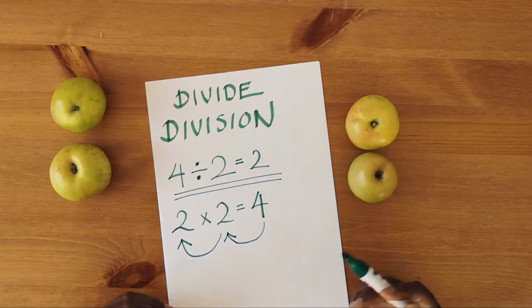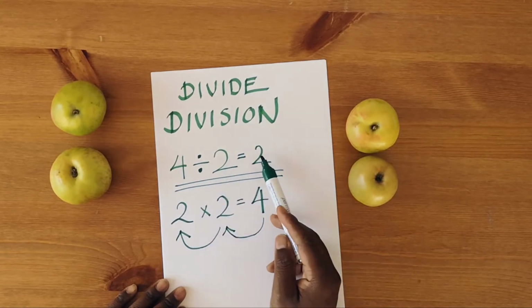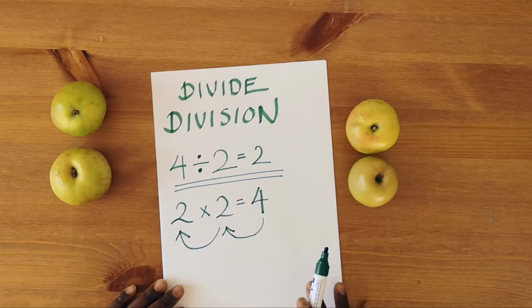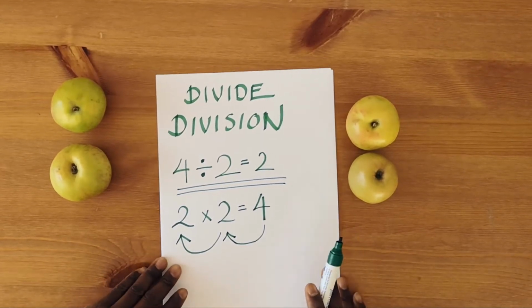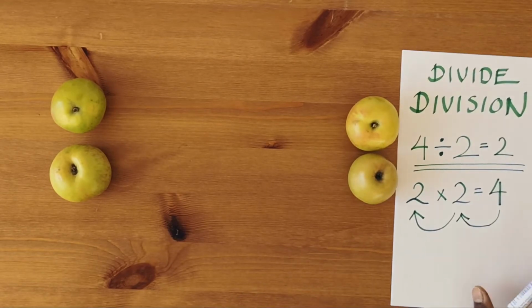So division and multiplication are related. You see that? 4 divided by 2 is 2, and 2 times 2 is 4. So that's a nice fact for you to see how division and multiplication work together.